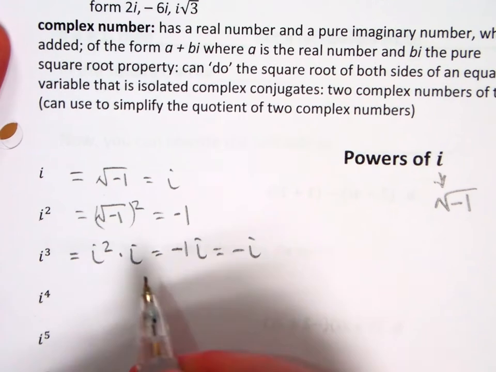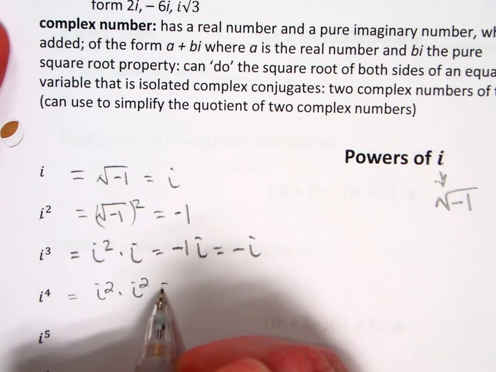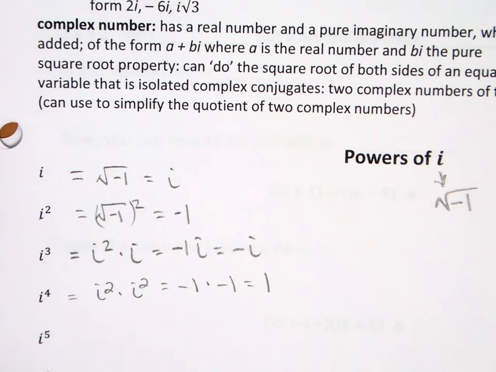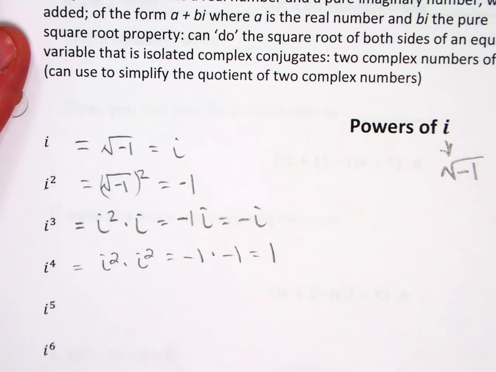The fourth power equals i squared times i squared, which equals negative 1 times negative 1, which equals 1. So the way it works out is every fourth multiple is going to equal 1.